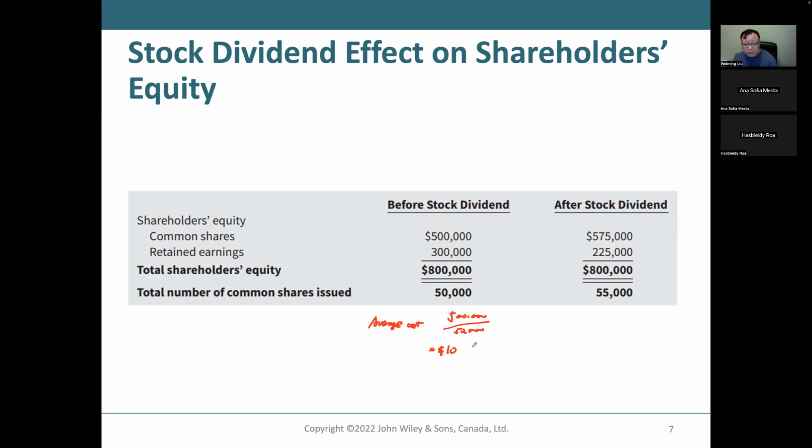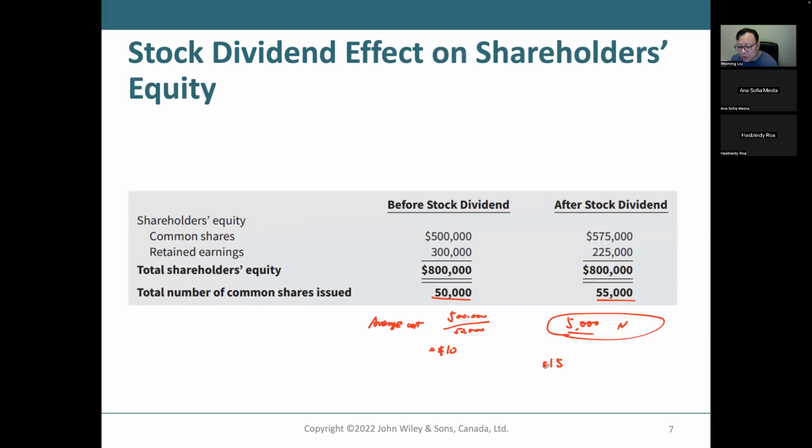Now they are issuing an additional 5,000 stock dividend. So the number of shares increase is 5,000 shares. So now you have 55,000 shares.